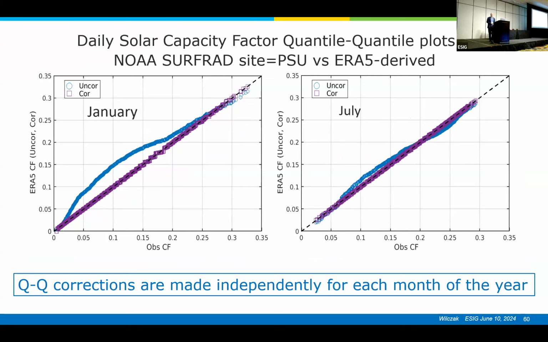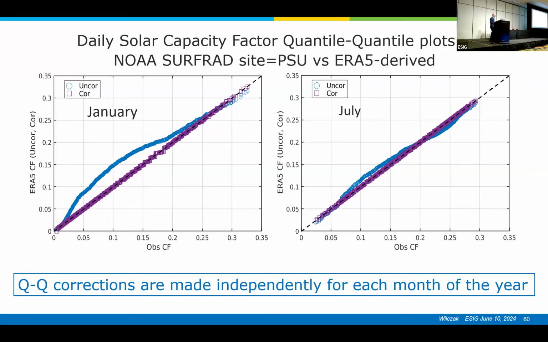So can we correct those errors? To do this, I use a technique called quantile correction. Basically, what you do is you just sort all of those capacity factor values from the lowest value to the highest value, and then you present those here as a scatter plot. If the ERA 5 was perfect, the data would all fall along the one-to-one line.